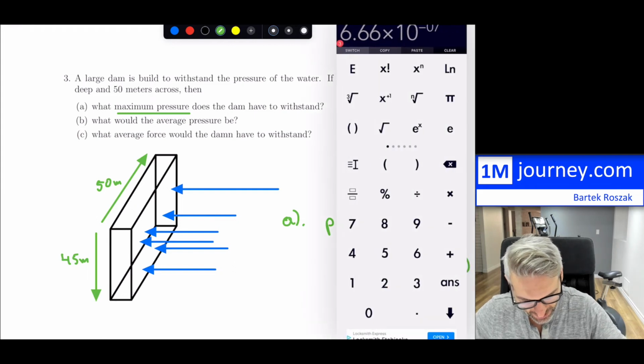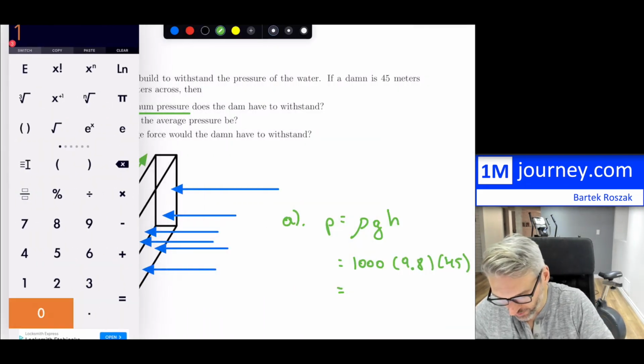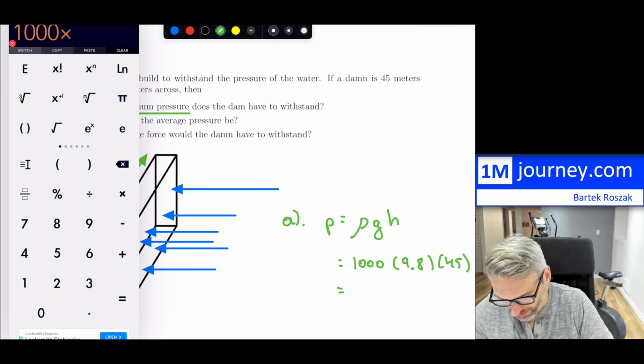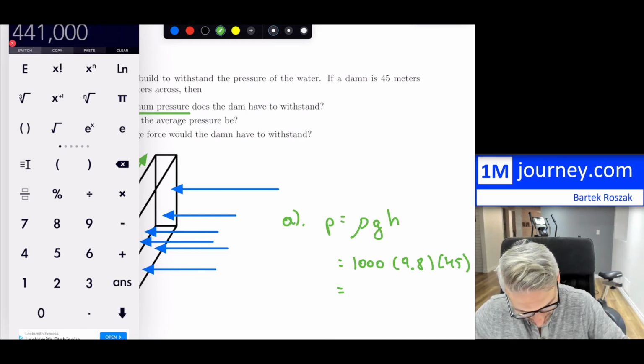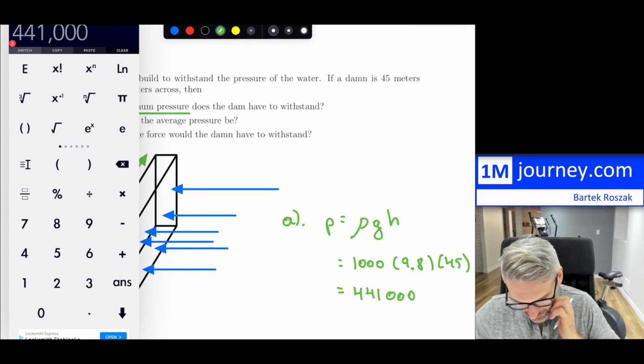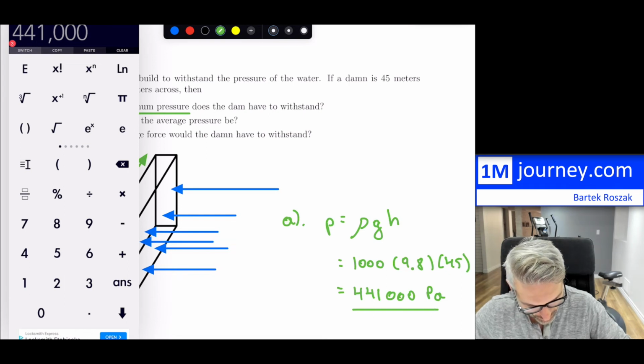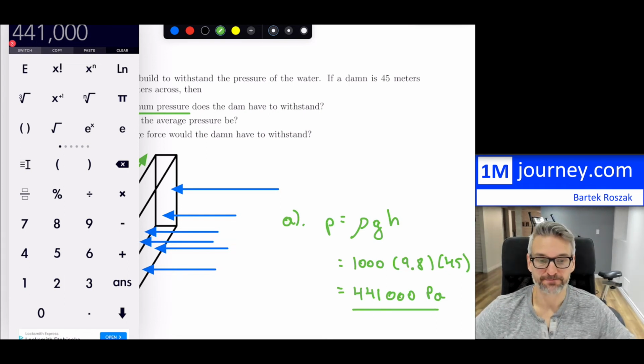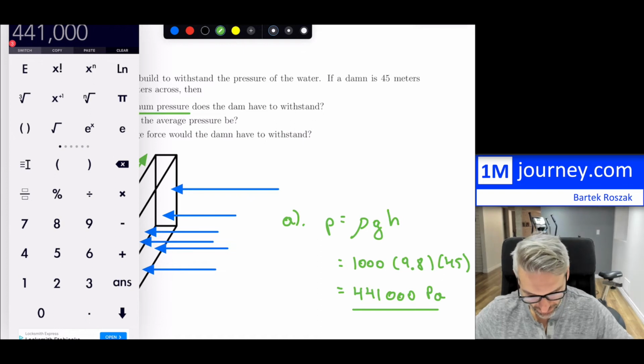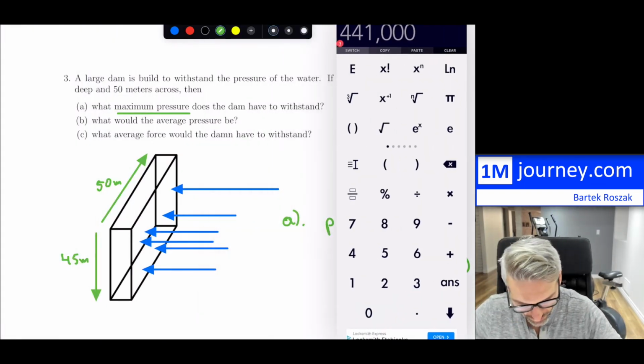So we have 1,000 multiplied by 9.8 multiplied by 45. That's going to be 441, already to 3 sig figs, in pascals. So it's 441,000 pascals that we have in terms of the pressure. All right, so that's the first one.